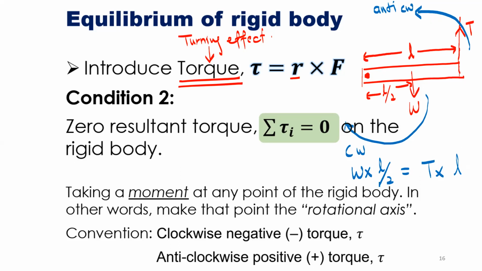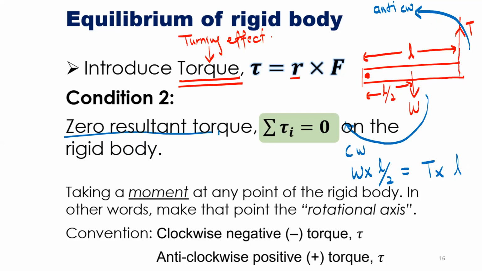Okay, so if the system is in equilibrium, the resultant torque is zero, then they must be the same. So you can solve the problem to find whatever the unknown. So this is the idea of zero resultant torque.